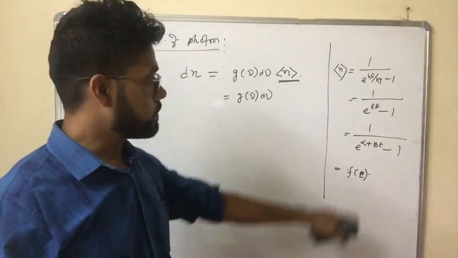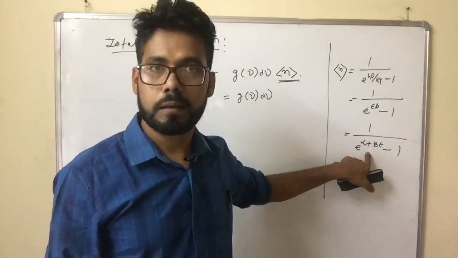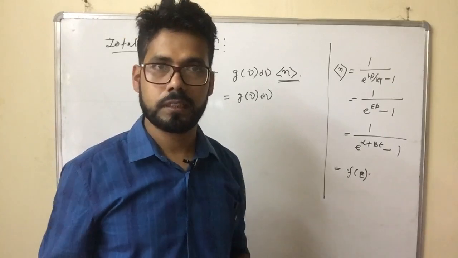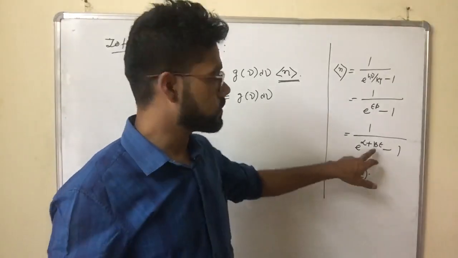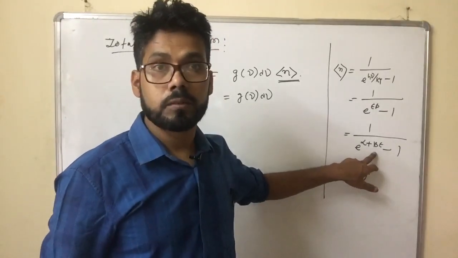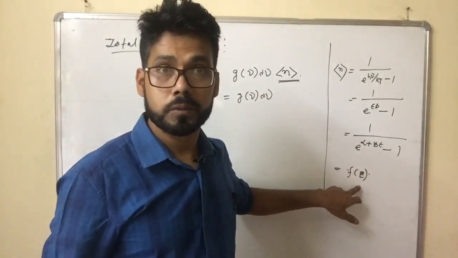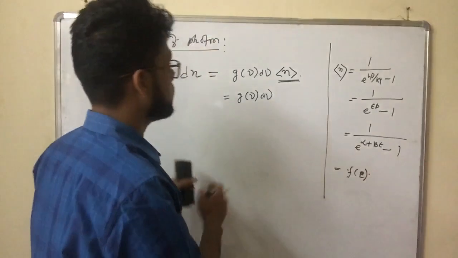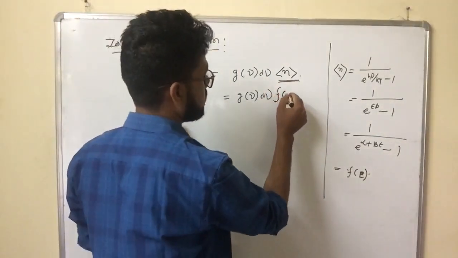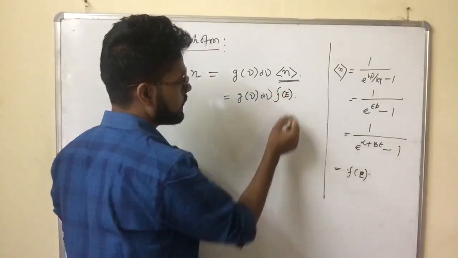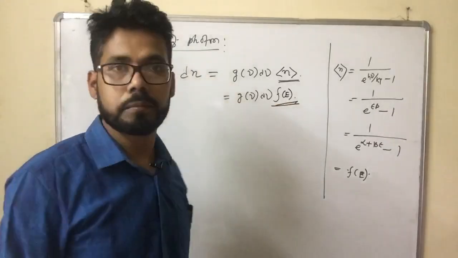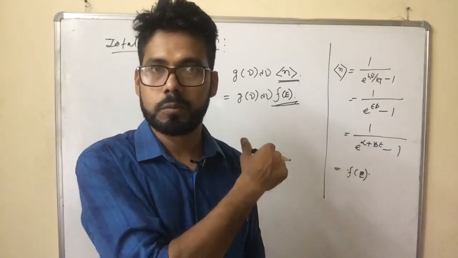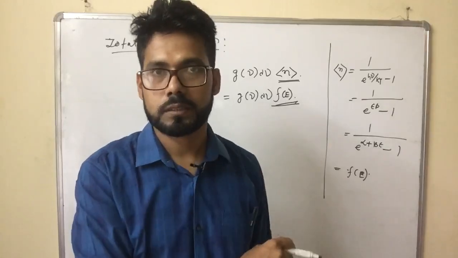In phonons or photons, alpha is always 0; the chemical potential is 0. To make it similar to the Fermi-Dirac distribution, I put alpha here. Don't confuse it with the Fermi function. In the case of bosons, photon or phonon, it will be the Bose-Einstein function.